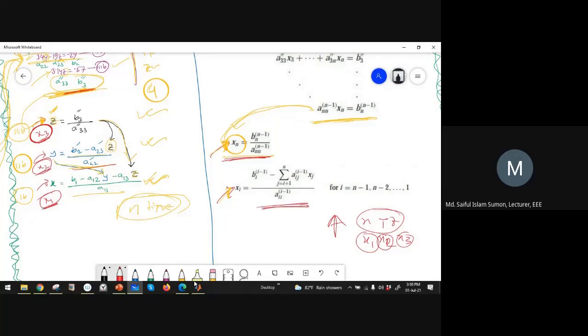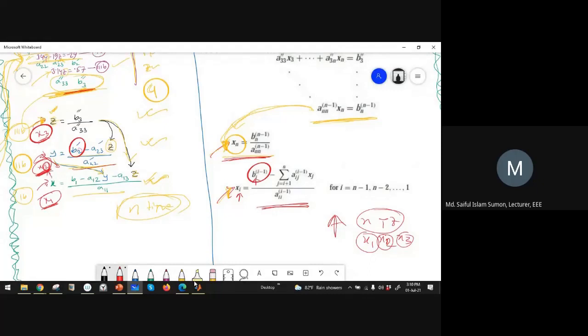So y or x2 is coming from b2 prime minus a23 prime z, divided by a22 prime. Now let's see b2 prime. You can see this is the second, x2. Here is 2, here is also 2, here is i, here is also i.